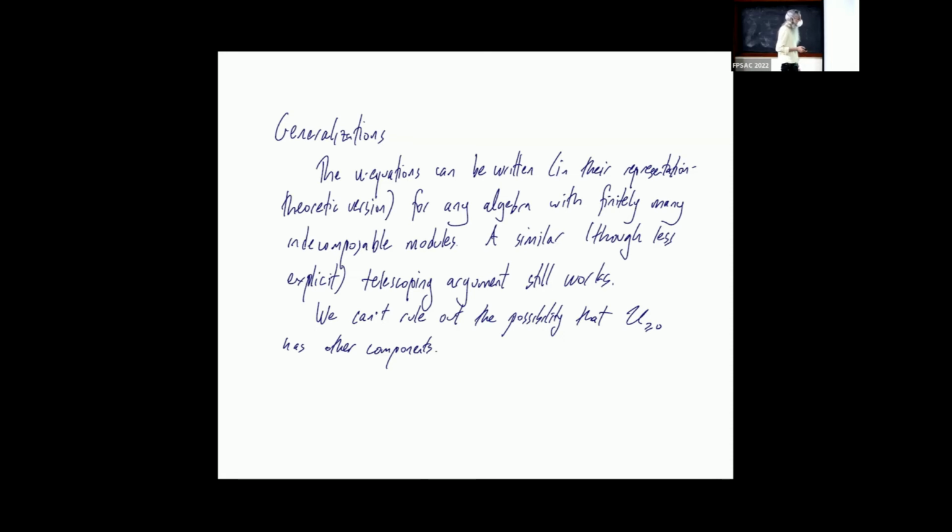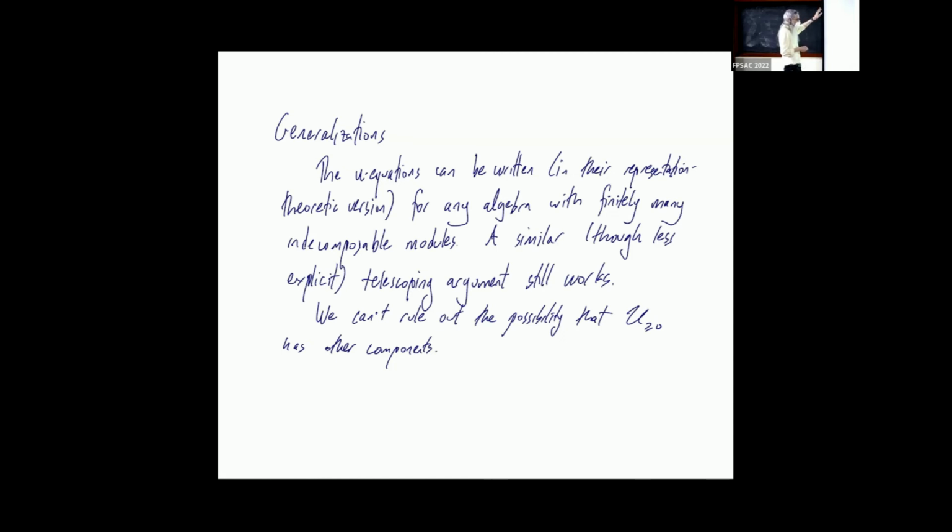And now I want to say a little bit about the more general versions of this. So one thing you can do is everything that I said in terms of the algebra works pretty much the same way for any finite dimensional algebra, provided it has finitely many indecomposable modules. So here we've forgotten about the idea of surfaces. Surfaces are not in the picture.